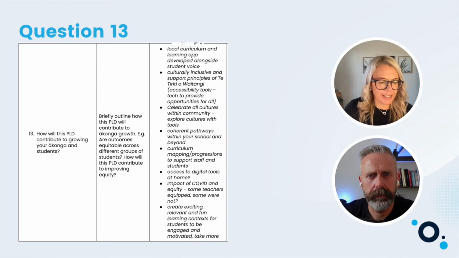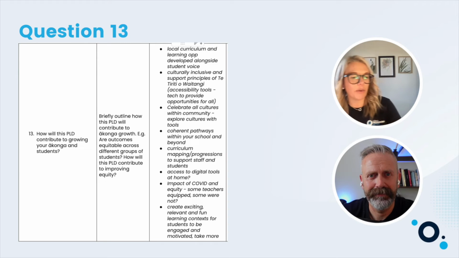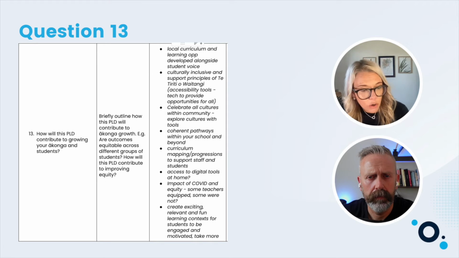I'll just give a final example about this, and it's something that I actually did with Mark at my school. So we worked, when we do it with a number of schools, where we help create digital progressions. So there's a clear understanding across the school of what we're aiming for. What does it look like when the learner leaves our school? What do we want them to be confident in? What are the tools we want them to take away? What does it look like by the end of year 2 or year 4?